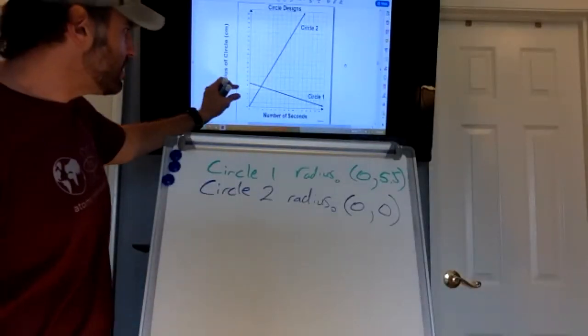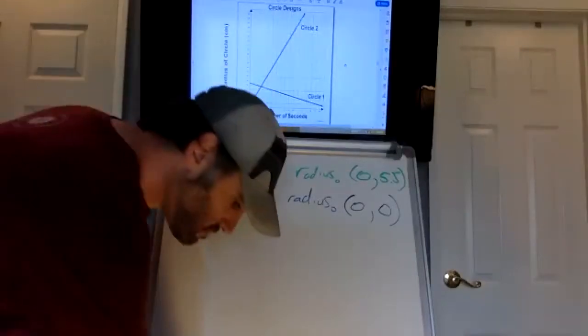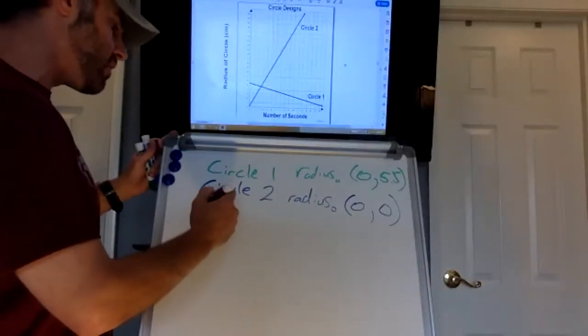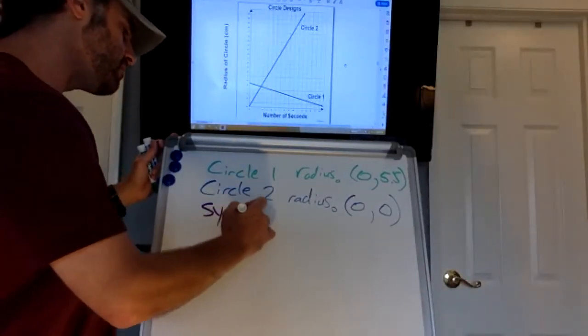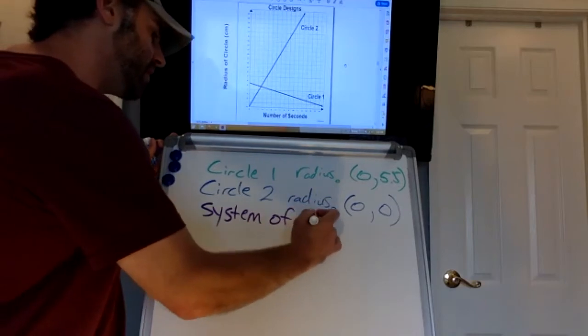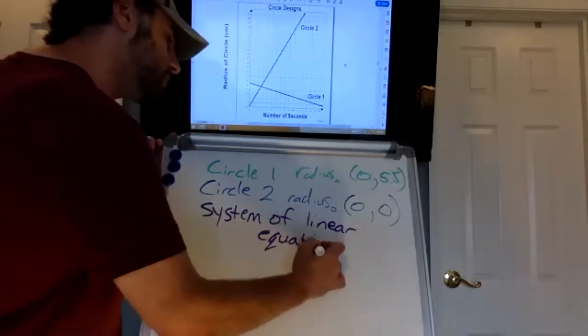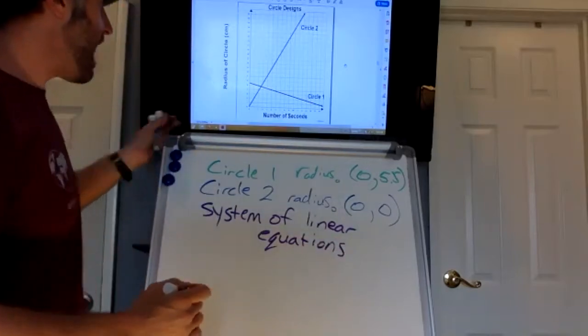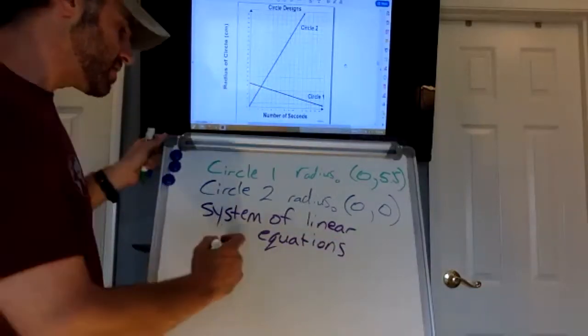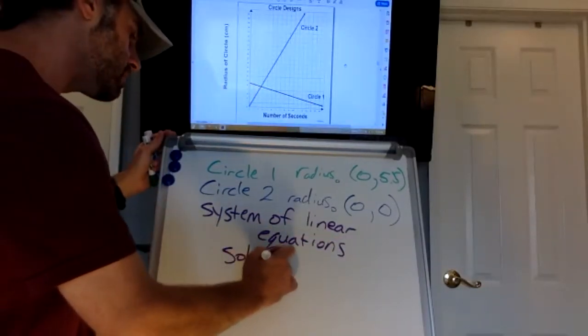Good. So where the lines intersect, this is called a system of linear equations or functions. That point where they intersect is called the solution to the system.